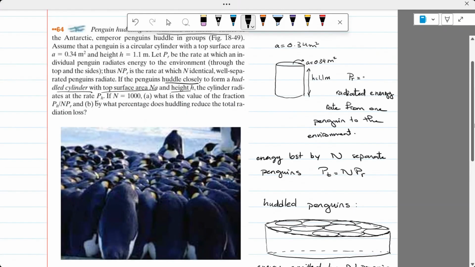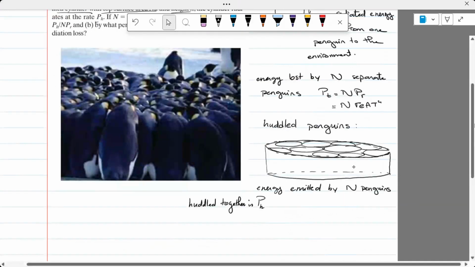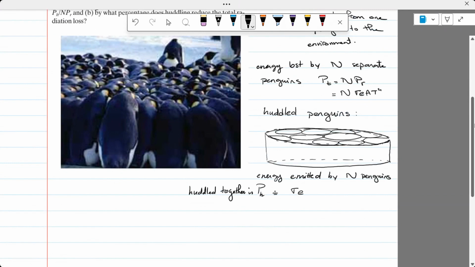For one single penguin, we can write the radiation energy rate to be sigma, which is the Stefan-Boltzmann constant, times E, the emissivity, times the surface area, times T power 4, where T is the temperature of this penguin. Whereas for n separate penguins, this is going to be n sigma E A T power 4. For the huddled penguins, we will have sigma E, a new area, times T power 4, where T is the same.